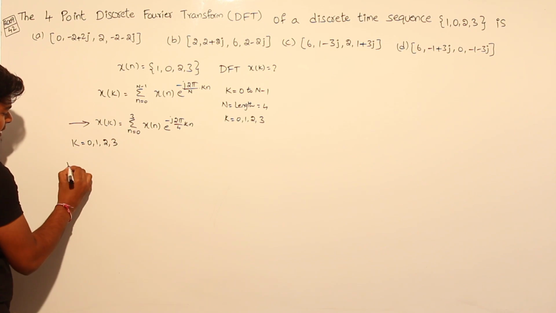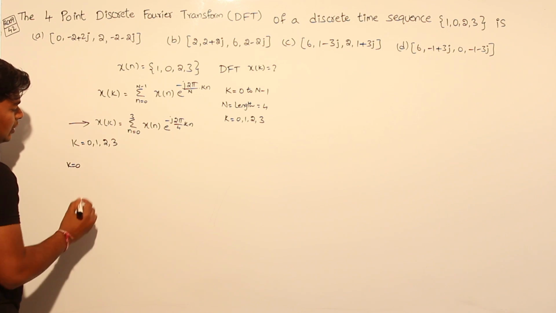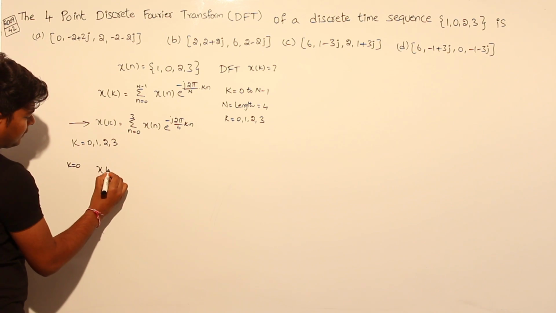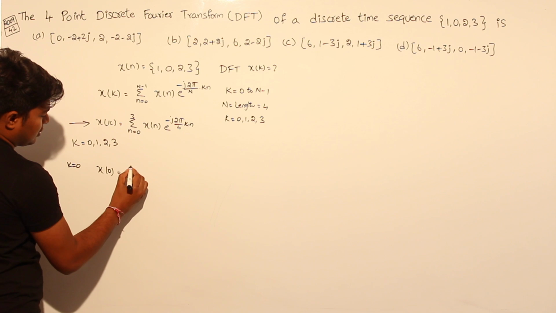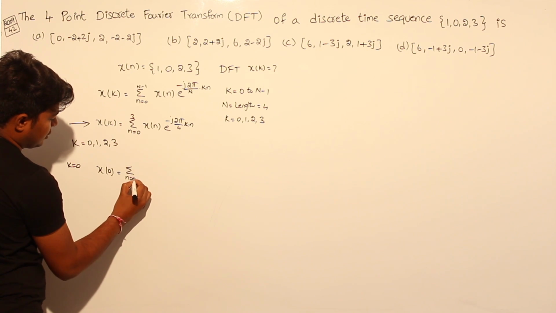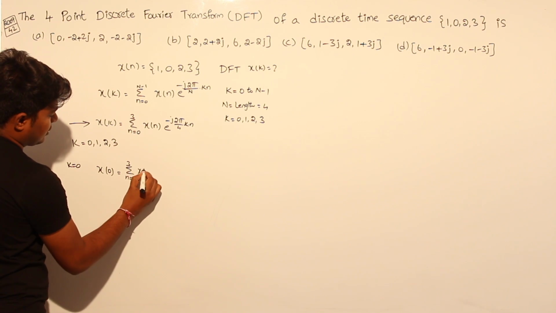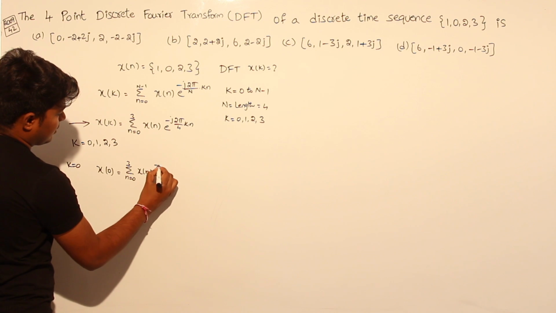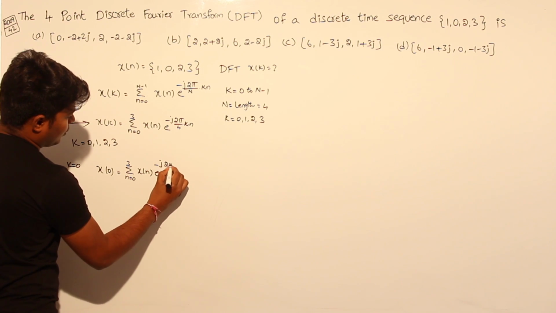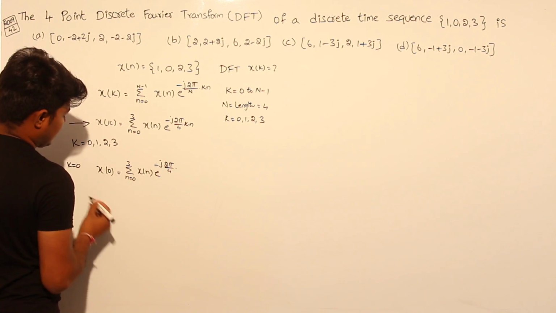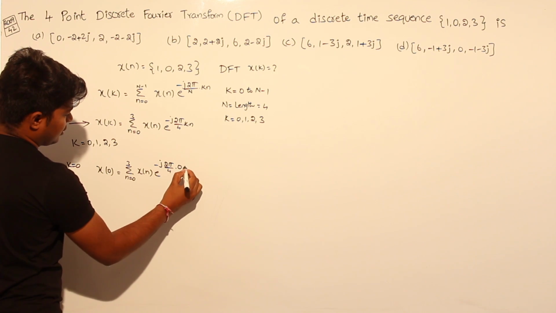First we take k equal to 0 here. Now x of 0 is equal to summation n equal to 0 to 3 x of n e power minus j 2 pi by 4 into, here k equal to 0, so 0 into n.